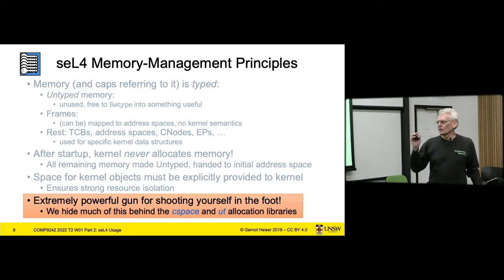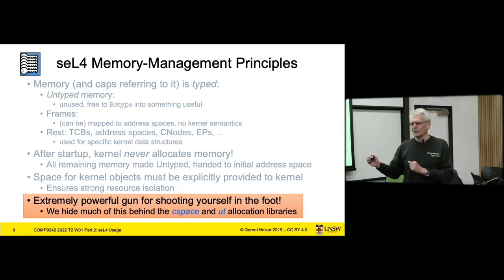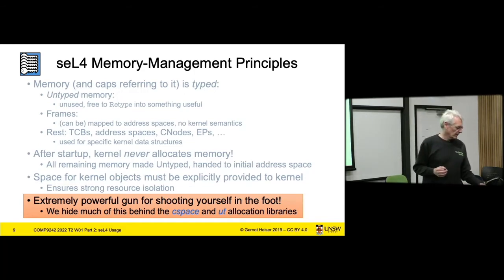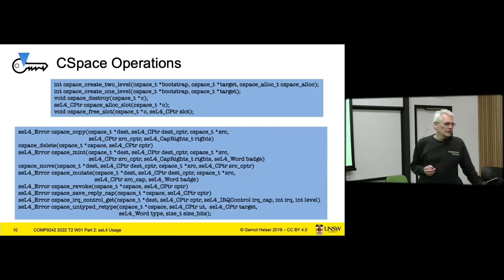But it's a good point to actually look at what's happening in those libraries to help you understand how the kernel operates. So here are some examples of these C-space operations, and it's a real pain that the screen near me doesn't work.